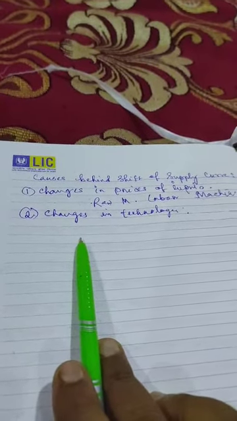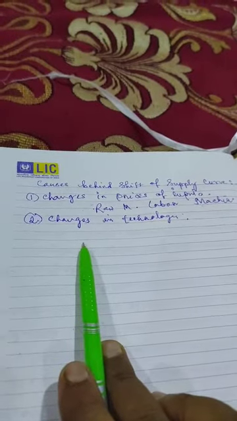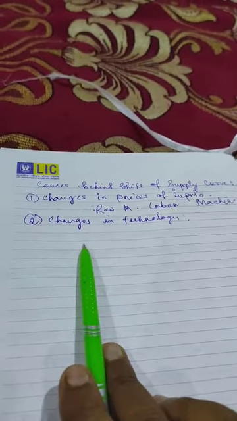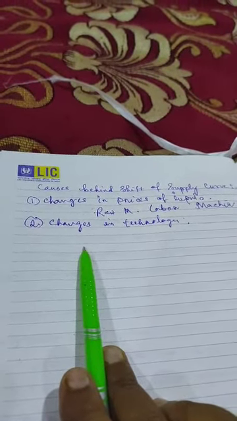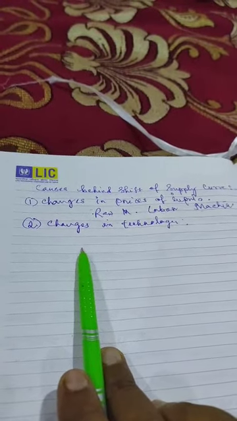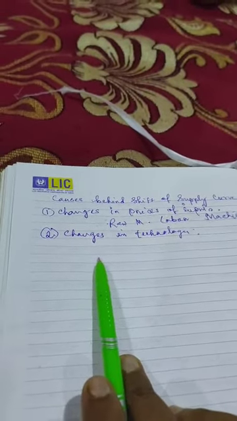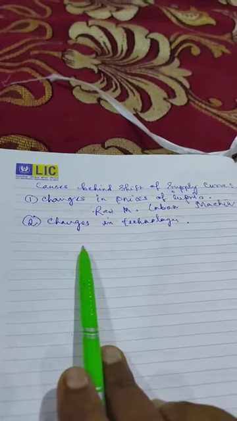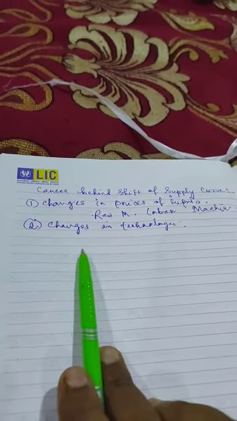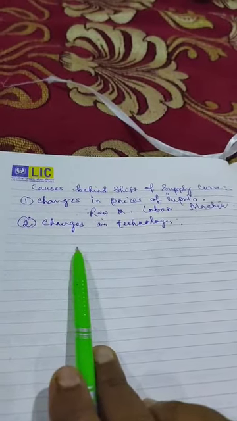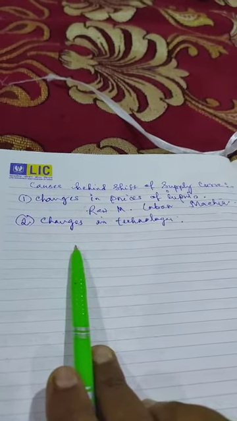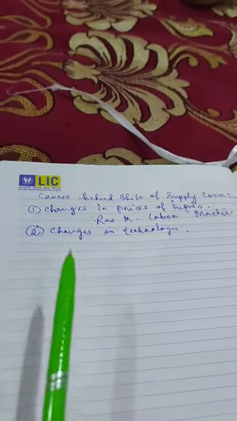Now what happens when the technology adopted in the production of a commodity is updated? That means a producer uses an updated version of the technology in the production of a commodity. What will happen? The cost of production will fall.